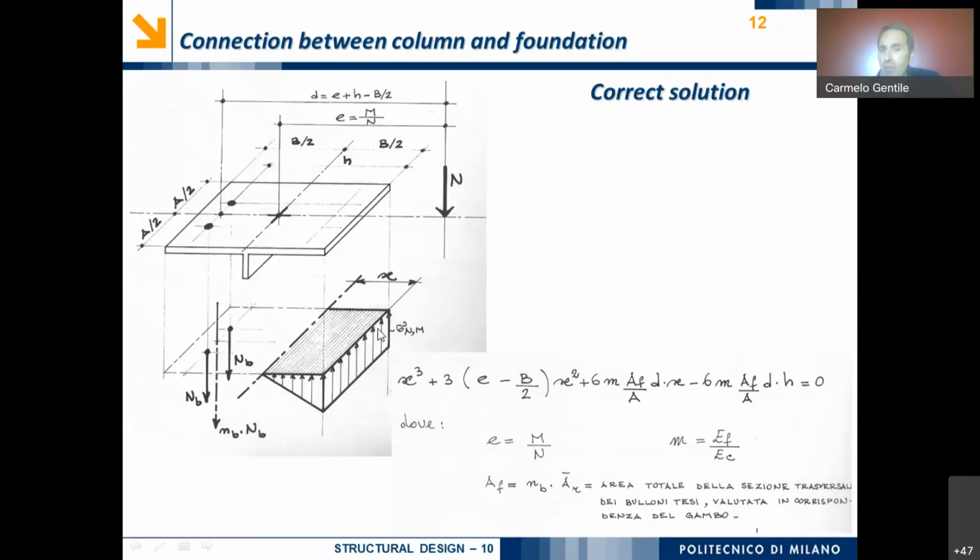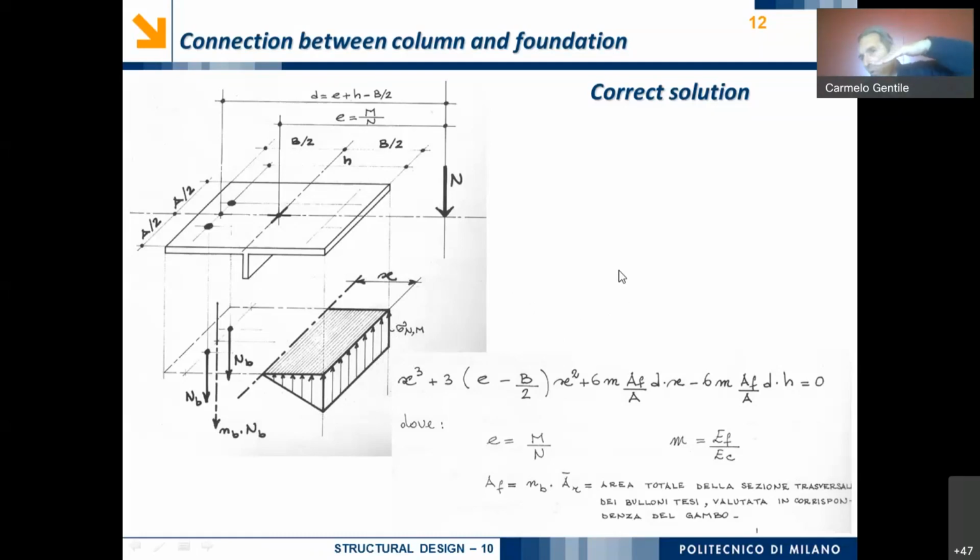On the other hand, if I assume that the plates rotate remaining plane, the distribution of the contact stress will be a linearly varying distribution of stresses. And this depends, of course, on the linearity between stresses and strain.